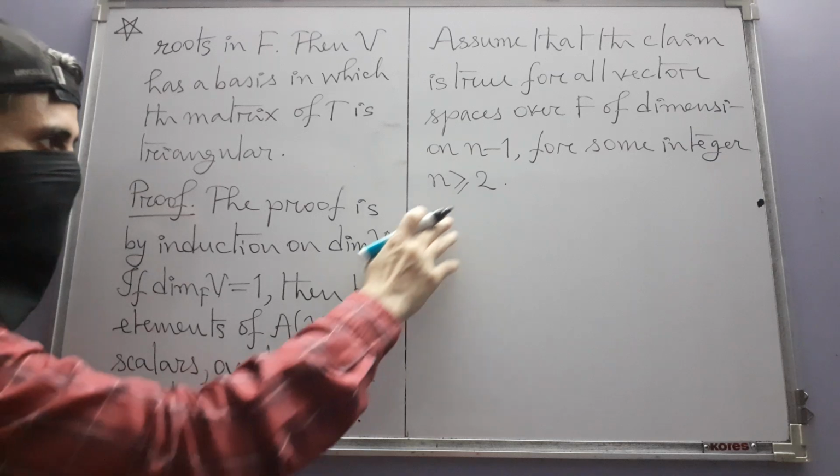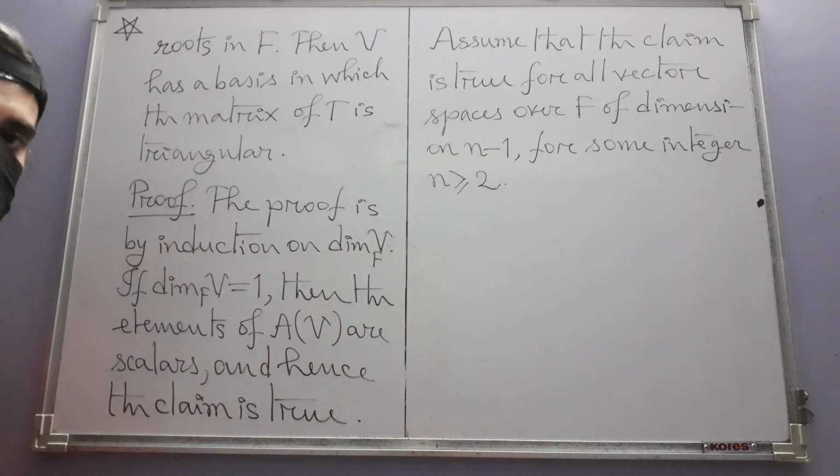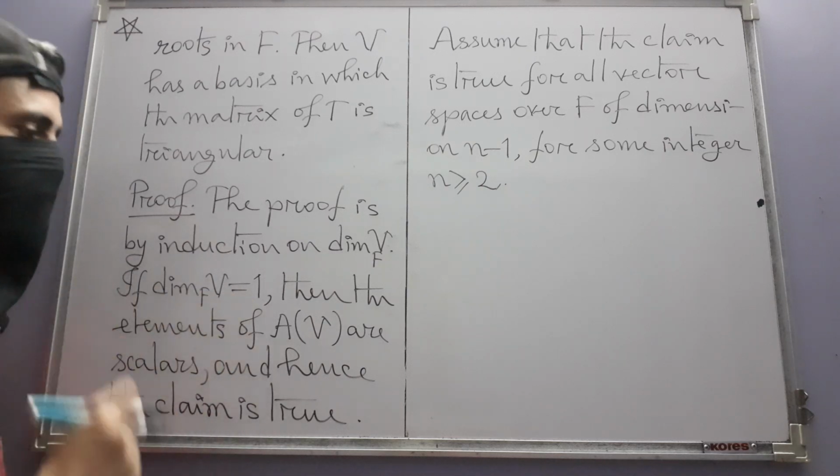We need n to be greater than or equal to 2, so that n minus 1 stays greater than or equal to 1, and that's because we have started at 1.